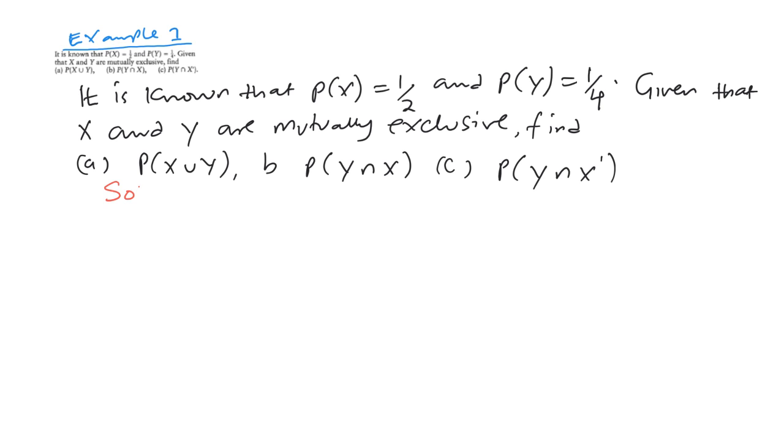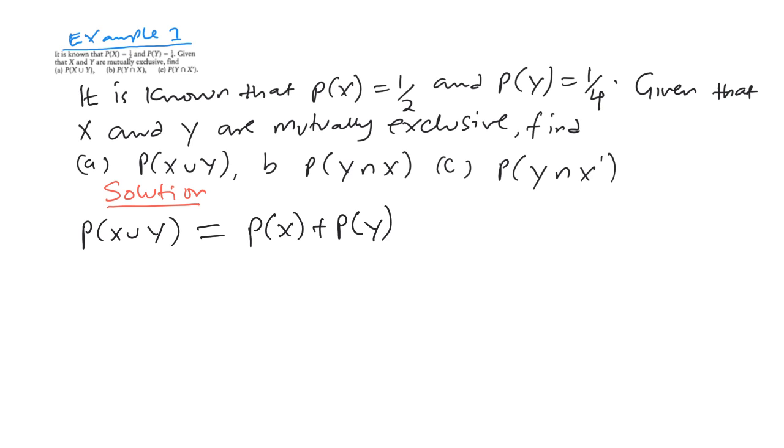So in the solution, we are talking about the probability of X union Y. We know that the probability of X union Y is simply the probability of X plus the probability of Y for mutually exclusive events. If you get the probability of X, which is a half, and add the probability of Y, which is a quarter, then you end up with 3/4.